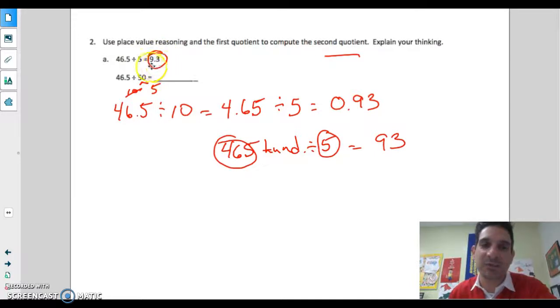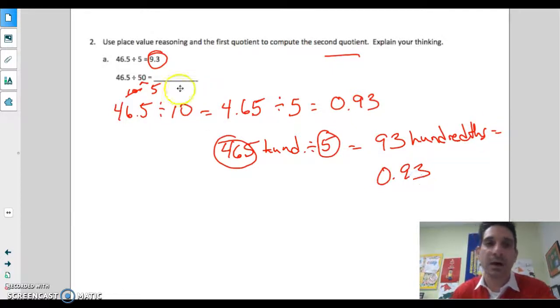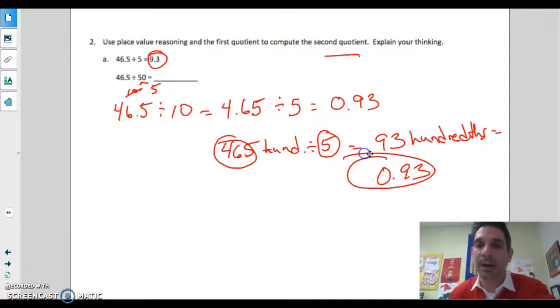It says 9 and 3 tenths, but it's still the same numbers. Numbers aren't changing on us. It's all about that decimal point, and that's where you have to be careful. So it's 93 hundredths, which is equal to 0.93. There you go.